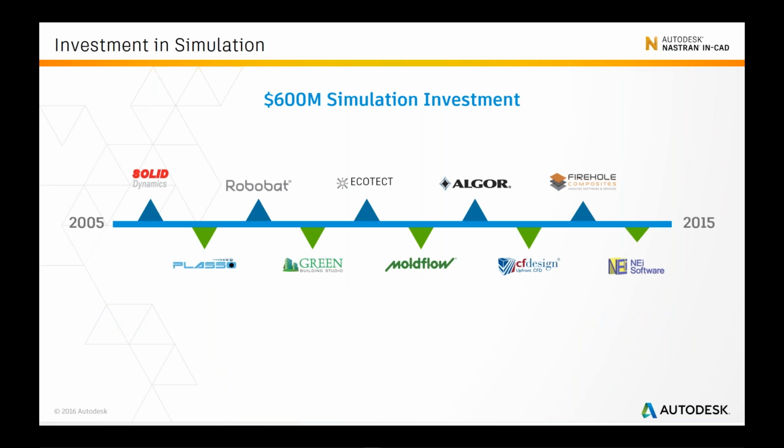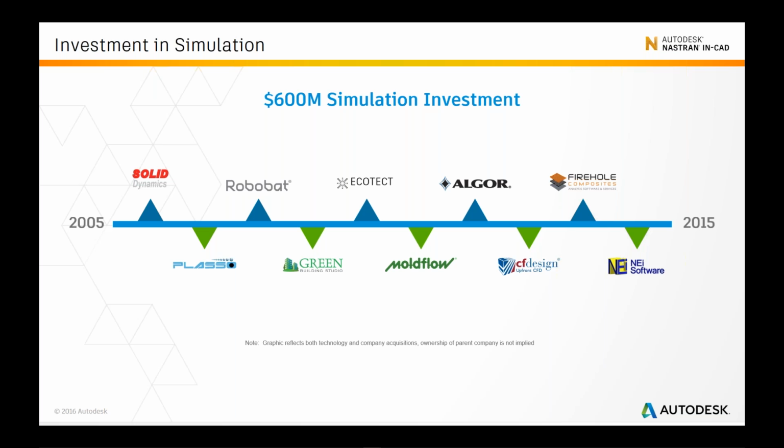Like I mentioned, how does Nastran come into the picture? Autodesk has made a significant investment in the simulation portfolio. Roughly, it's more than $600 million that Autodesk has invested in simulation. So right from solid dynamics, the basic FEA for linear static analysis, to NEi Nastran for solving the most accurate complex solutions, Autodesk continues to broaden its simulation in coming years.